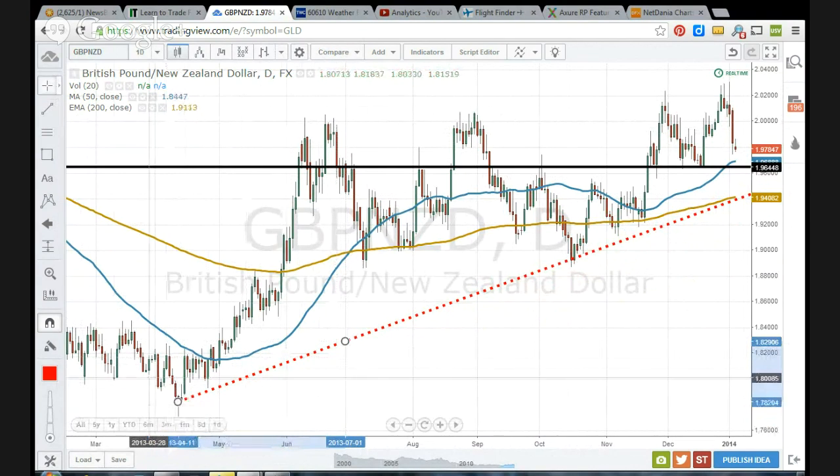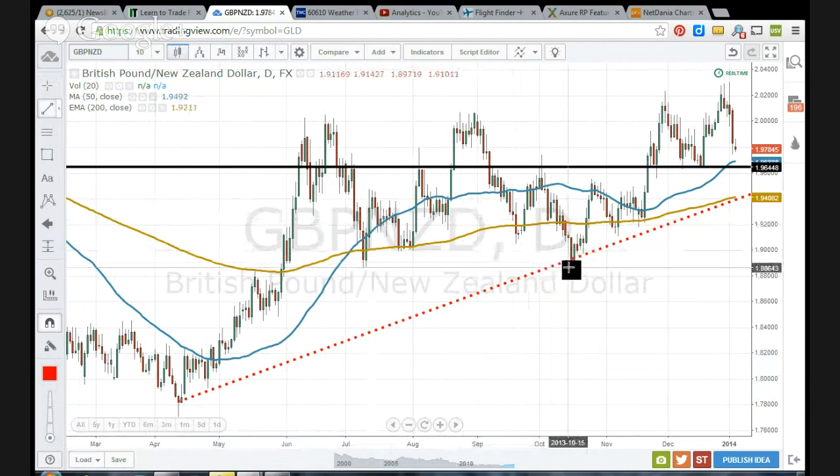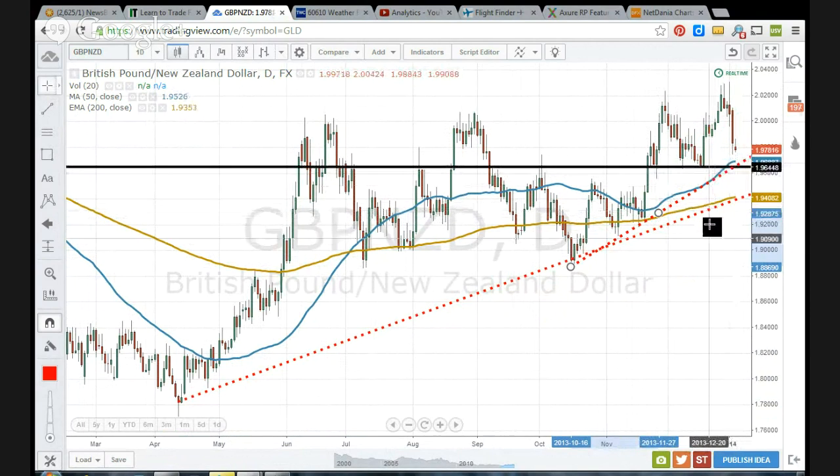Okay, that's a tentative trend line. Let's see if we can get something else. Okay, so either way, I think I would really like to see a pullback to 96.44 before trying anything.